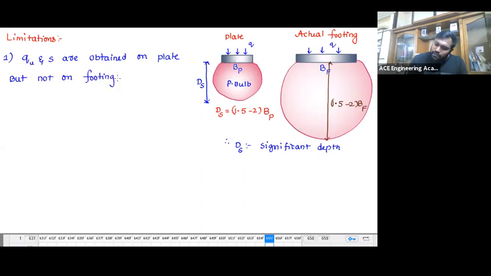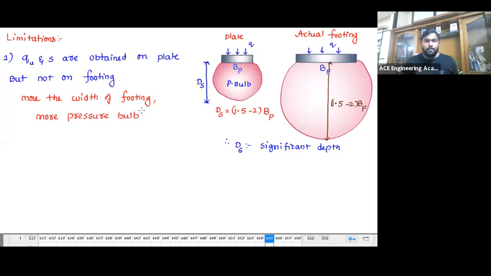So I can say the more the width of the footing, the larger the pressure bulb, and the larger the pressure bulb, obviously the more settlement.